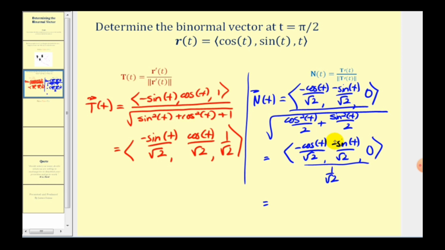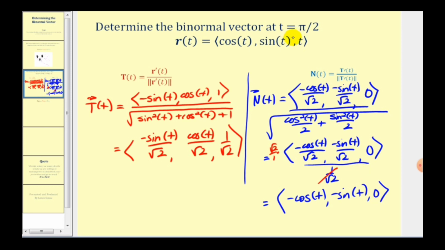Now, instead of dividing by 1 over the square root of 2, remember we can multiply by the reciprocal, so we can change this to times square root of 2 over 1. And we can see that these square roots are going to simplify nicely. So our unit normal vector valued function is going to be just negative cosine t for the x component, negative sine t for the y component, and 0 for the z component.